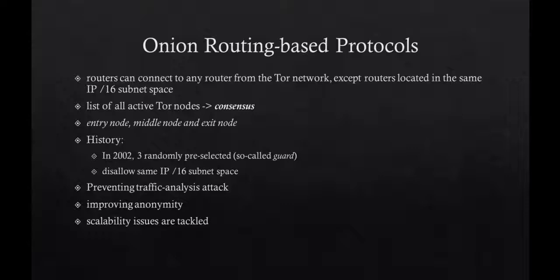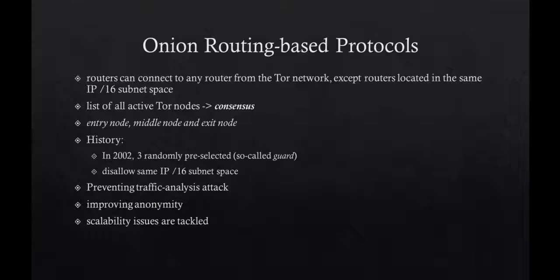Suppose the first entry that the user picks is the exit node, the second entry is called the entry node, and the third entry becomes the middle node. It is arranged like that. In 2002, each user maintained a list of 3 randomly pre-selected nodes, so-called guard nodes, which is updated every 30 to 60 days.